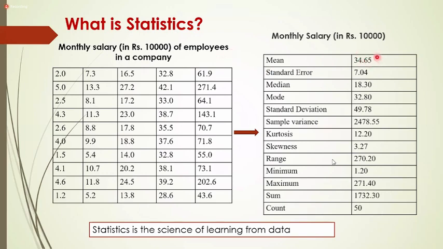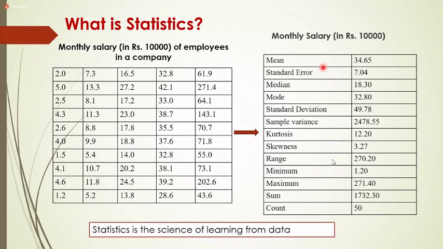When we express it in 10,000s, it is 346,500 as the average salary of an employee in the company. Right? So similarly, the average of a set of salaries.